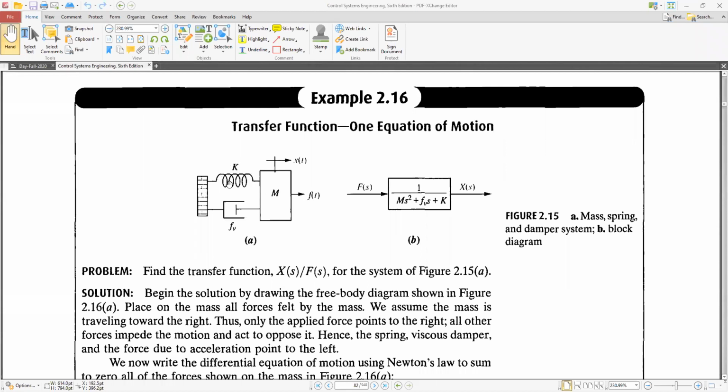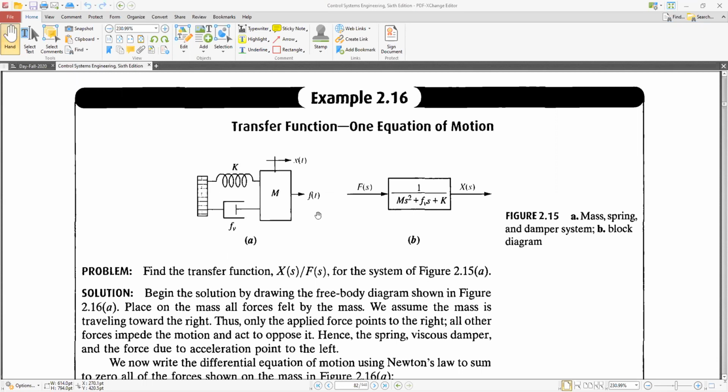One force is for the spring because it is connected with the spring. Another force is for fv, the damper, and the third force is for the mass itself. So if f(t) is greater than the combination of these three, then the mass will move. Otherwise, you cannot move the mass.